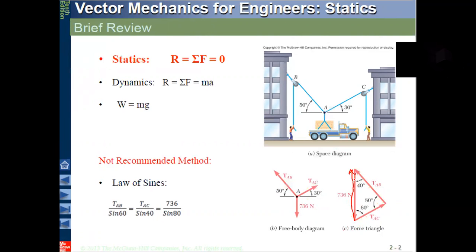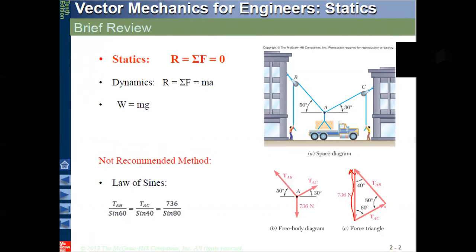So if you show the resultant of TAC and TAB by this red arrow that I have drawn, then it is exactly opposite to the weight force. So then the resultant of all the forces would equal zero.